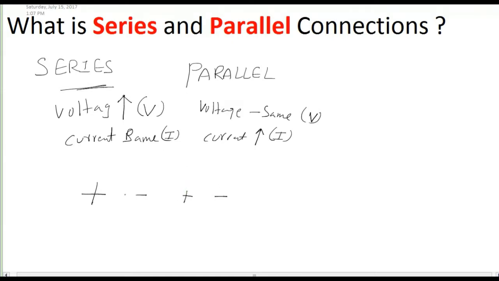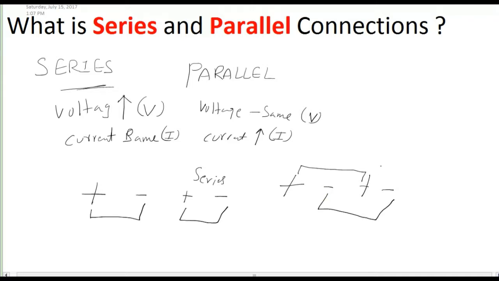In series, we connect a positive to a negative terminal. For a parallel connection, we connect a positive terminal to another positive terminal and a negative terminal to another negative terminal.